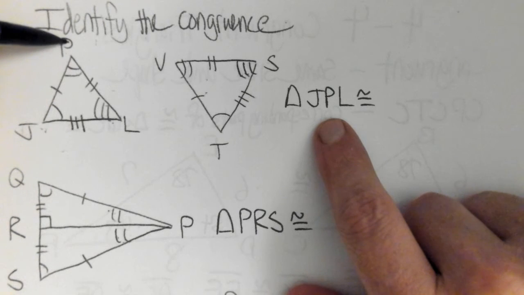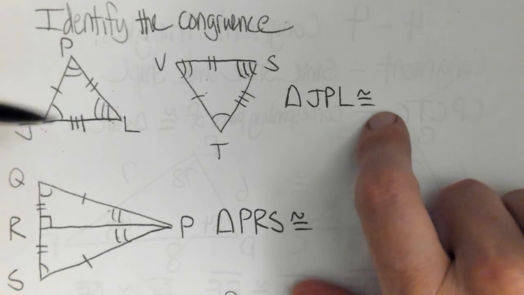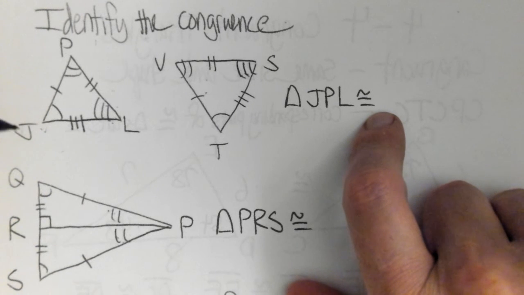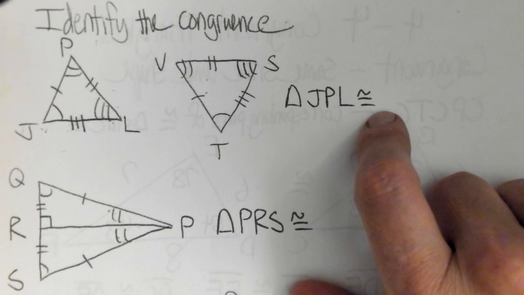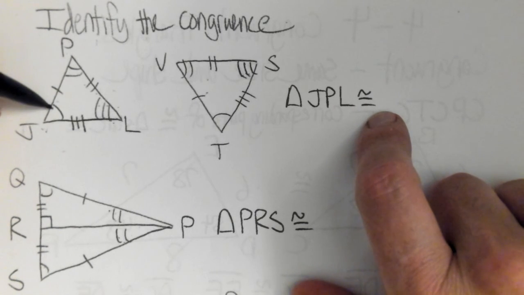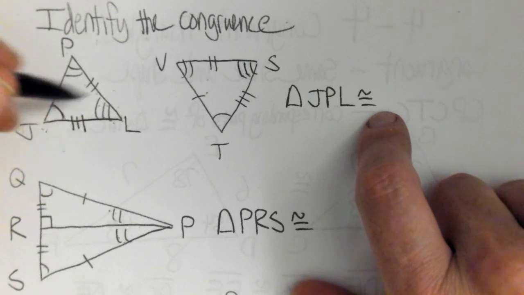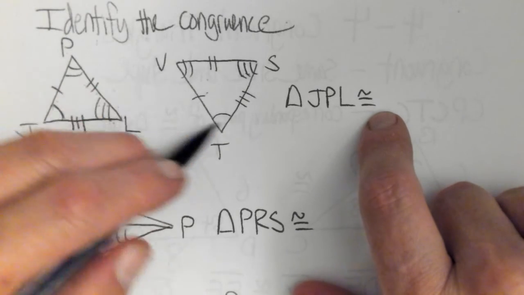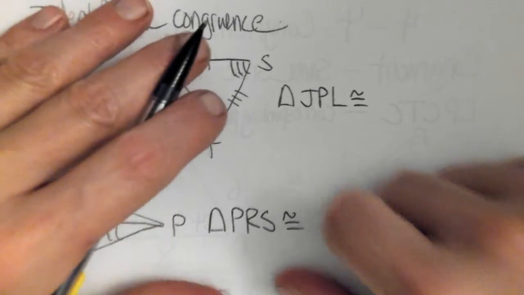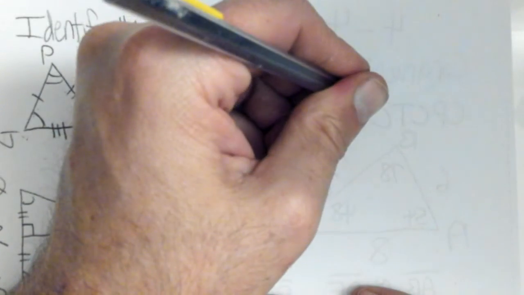Alright, so JPL, right? So let's see what we can match this up to. Now, they haven't given me any numbers here on these angles and sides, but they have given me some of the congruent markings for each one. So angle J has 1 mark. Which one over here has 1 mark for the angle? That would be angle T. It's the only one. Alright, so there we go. Check mark there.